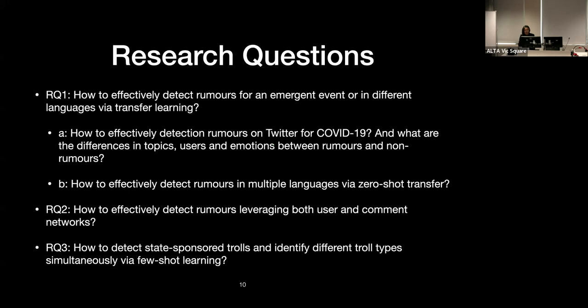The first is how to effectively detect rumors for an emergent event or in a different language using transfer learning. The second is how to detect rumors by leveraging both user and comment networks. The third is how to detect state-sponsored trolls and identify different troll types using few-shot learning.